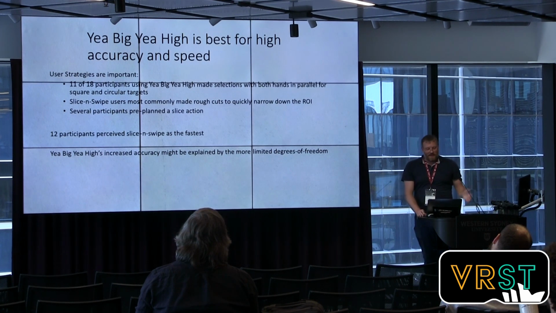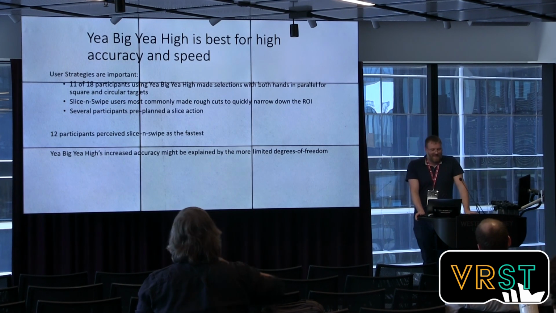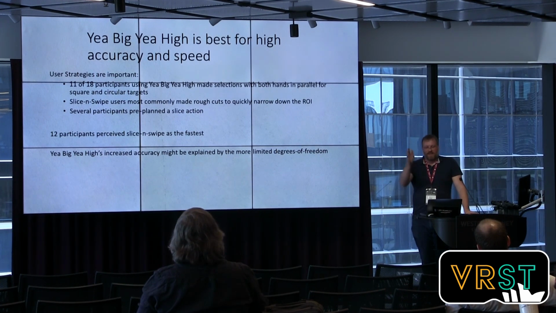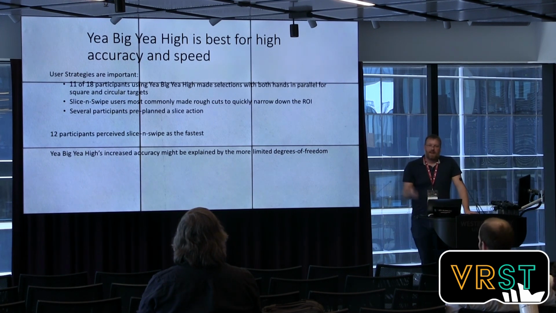We also noticed that because in order to activate slice and swipe you have to move your hand above a certain threshold, that adds a little bit of inaccuracy, which could also explain the accuracy results. And just like you might pre-plan a golf swing, participants also did this. They would move their hand slowly along the edge of whatever region they were trying to cut, and then when they felt accurate to where they wanted to be, they would speed up to get above the threshold and make the cut.